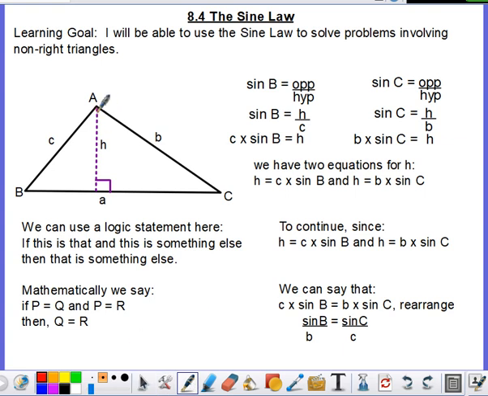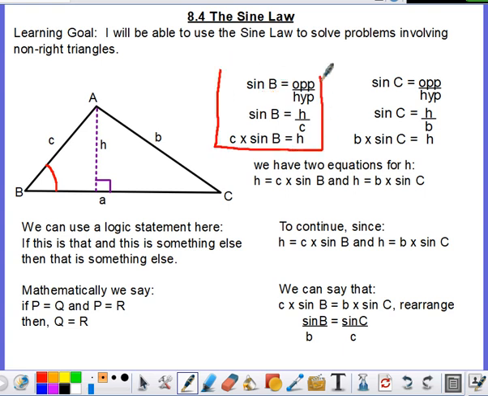For the first portion of this, we're going to focus on the left right triangle. So let's consider angle B right over here. We could say that sine of angle B equals opposite over hypotenuse.